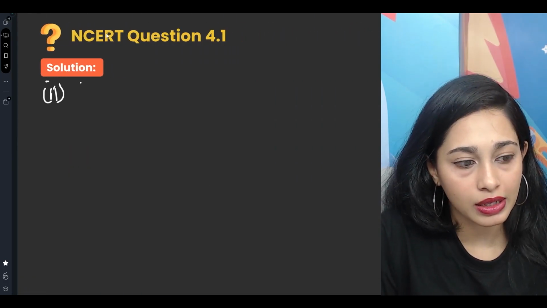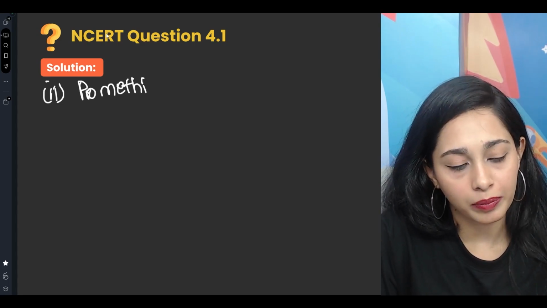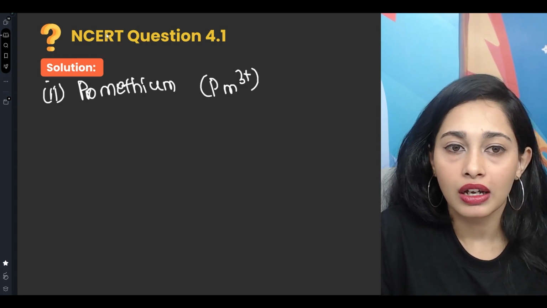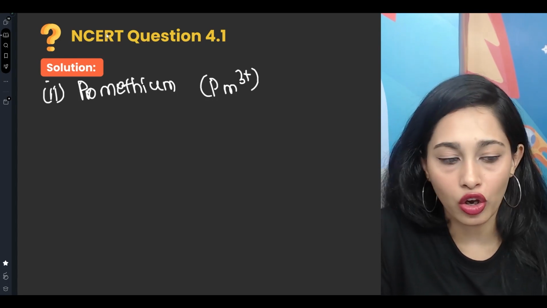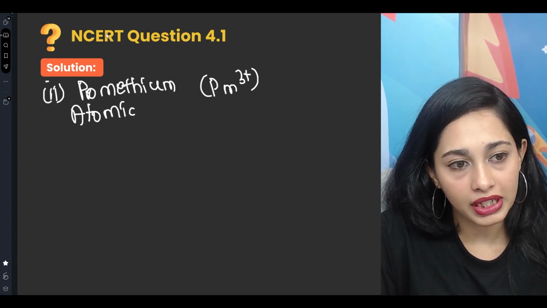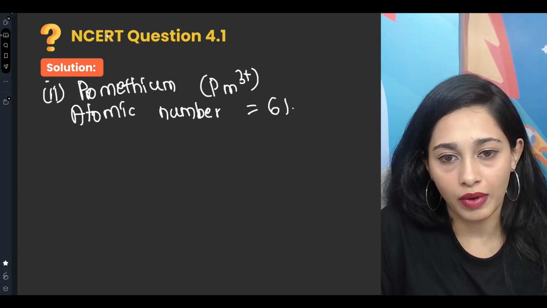Second one is promethium, so Pm3+. This is the ion that has been given. So the atomic number of promethium is 61.